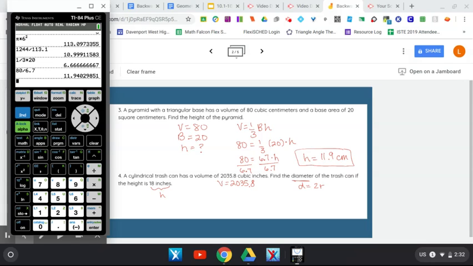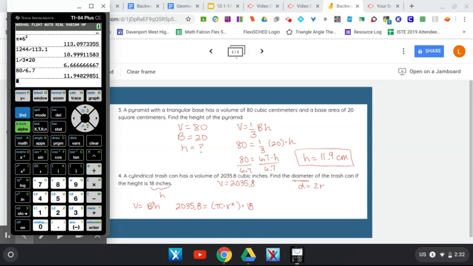So volume is capital B times H. For volume, I'll plug in 2035.8. For capital B, I'll do pi times the radius squared, and then the height is 18.